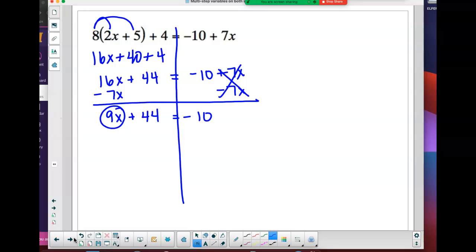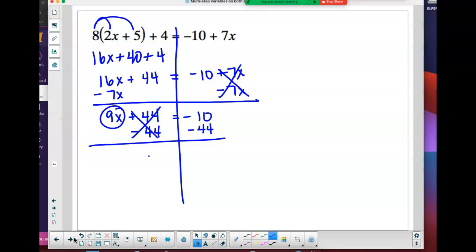Keep the variable and its best friend, minus 44 from each side. So we have 9x. Here's where some people made a mistake. Negative 10 minus 44 is negative 54. And the last step, divide by 9. So x equals negative 6.